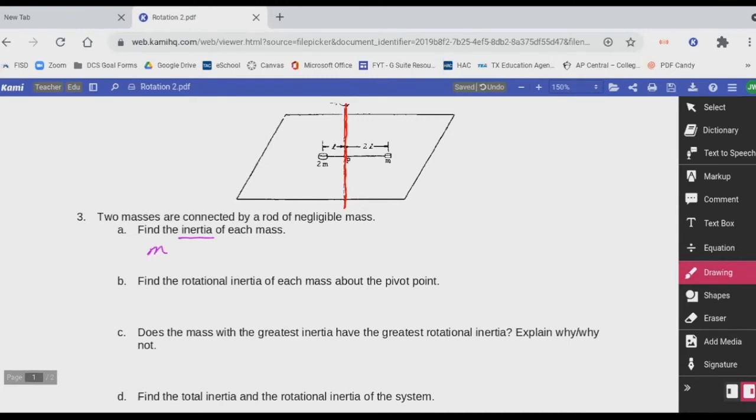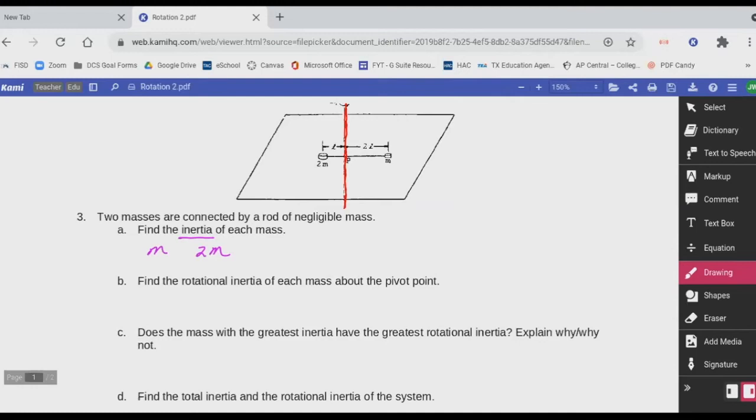On the left, I would have 2m. Remember, inertia is mass. So if it asks you for inertia, it's asking you for the mass. It's kind of a trick question, right? We've said before, inertia is mass, and if it says find the inertia of each mass, it's saying find the mass. What are the masses? It's a crazy question, but yeah, I've got 2 people in the chat that gave it to me, 2m and m, and then another person put m and 2m.